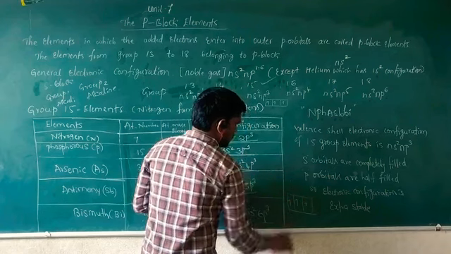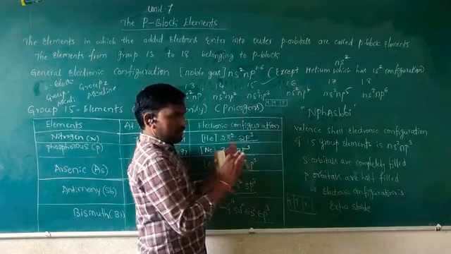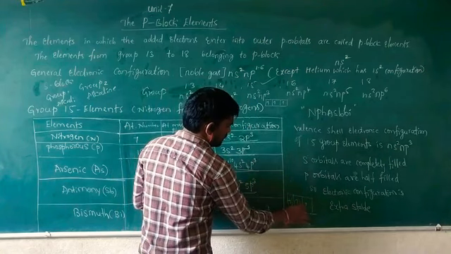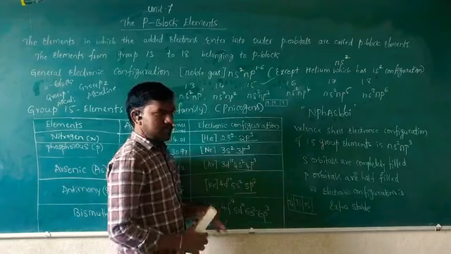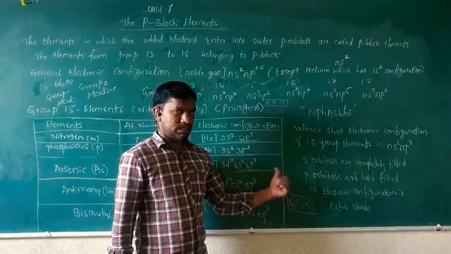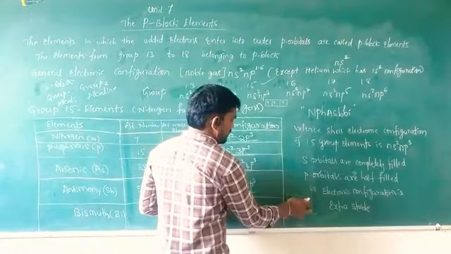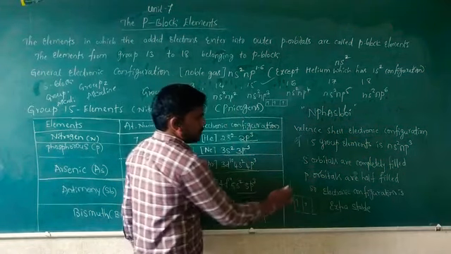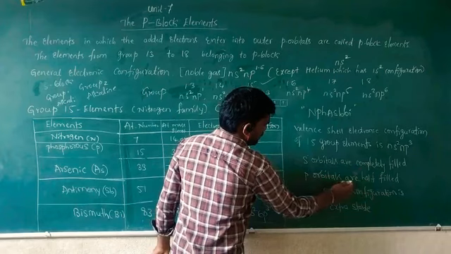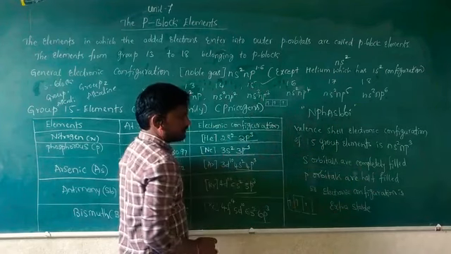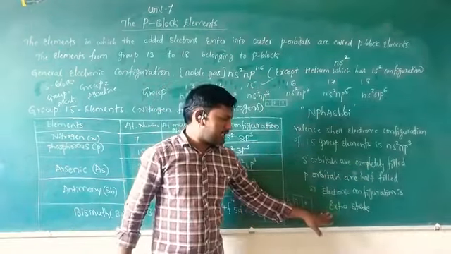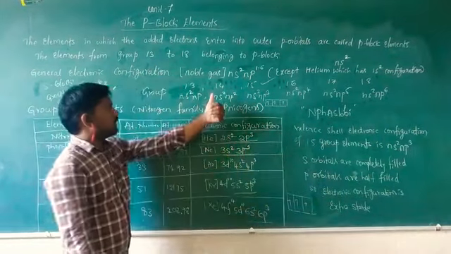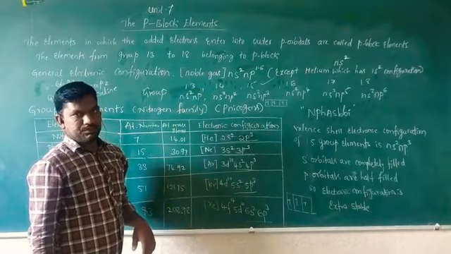So the p orbitals are half filled, and the electronic configuration is extra stable compared to group 13 and 14 elements.